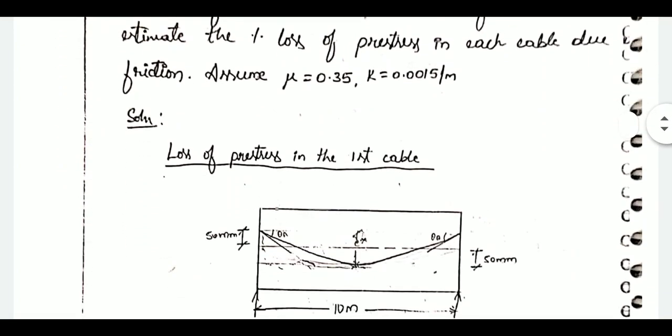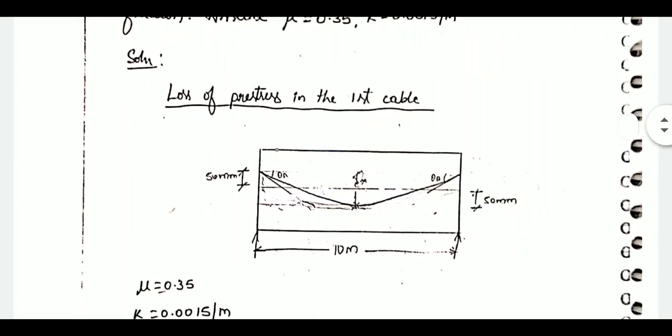So cable 1 has 50 mm eccentricity at support above the centroid and 50 mm eccentricity at midspan below the centroid. Second one is 0 eccentricity at support and 50 mm below the centroid at midspan, and third one is straight.